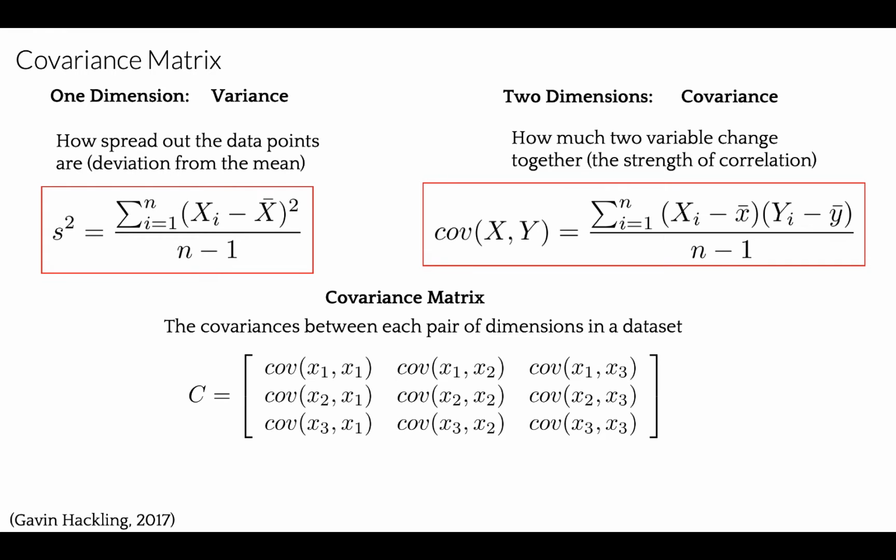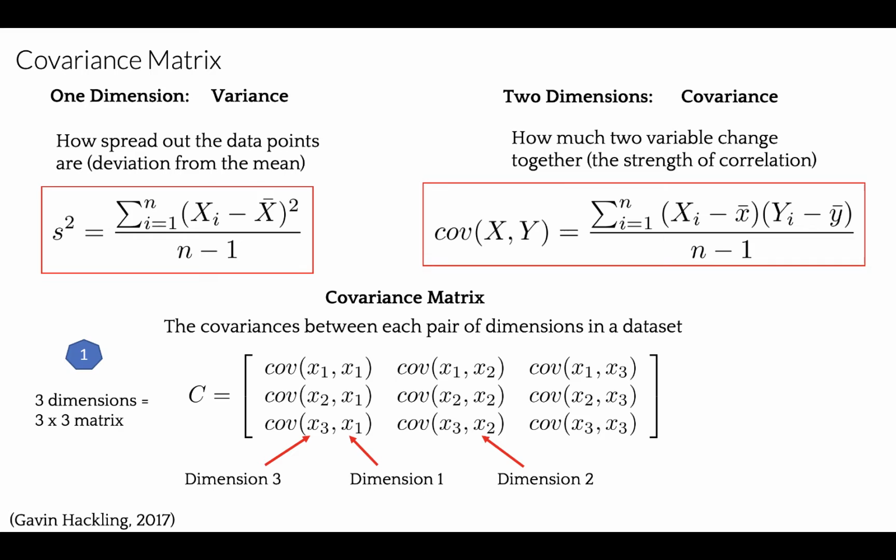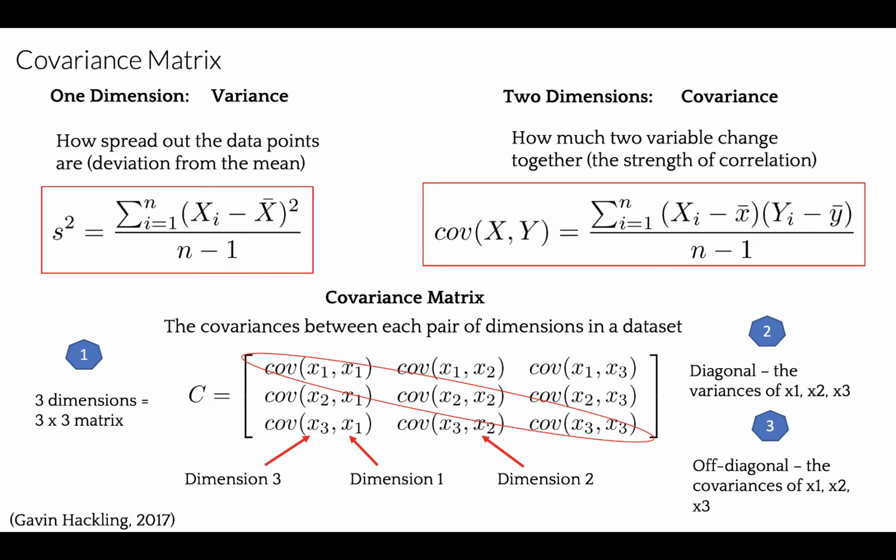A covariance matrix describes the covariance between each pair of dimensions in a dataset. For instance, if we have three variables, we have three dimensions and it will be a 3 by 3 matrix. Let's look at the covariance matrix here. The diagonal values represent the variances of each dimension, x1, x2, and x3.